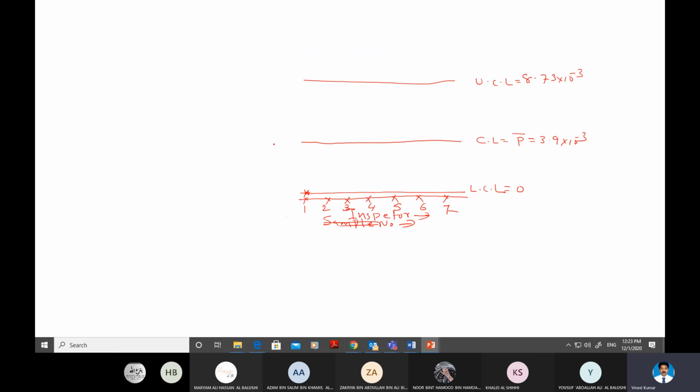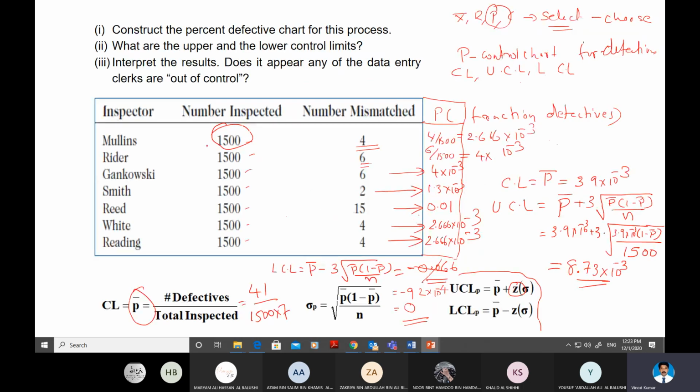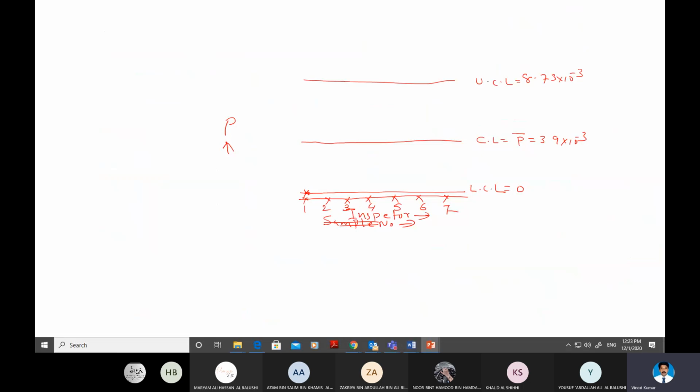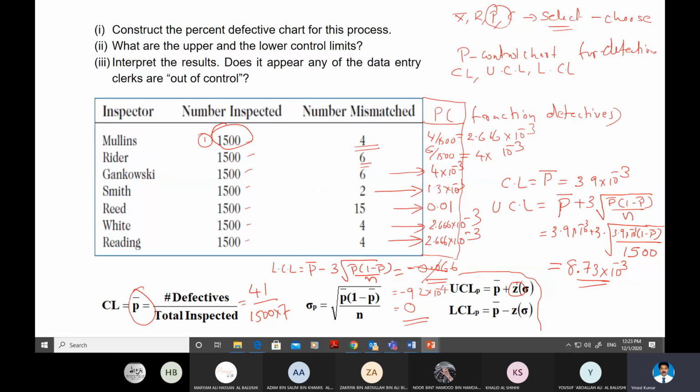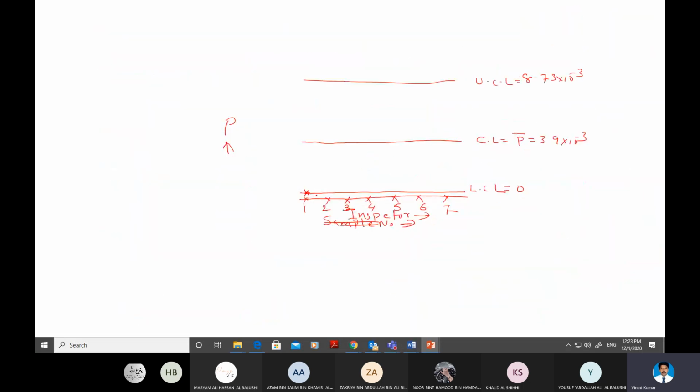So we plotted 7 here, and the y-axis will be P, or fraction defectives. What is P here? We already calculated P. For example, for the first sample, P is 2.66 times 10 to the power minus 3, corresponding to 1. How to put 2.66? It comes somewhere here, approximately.